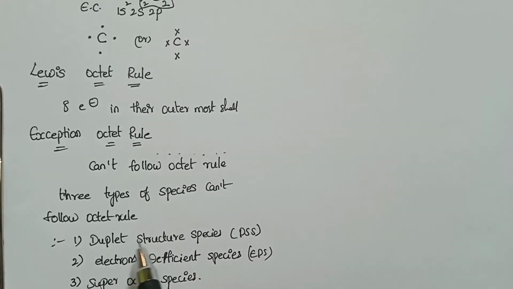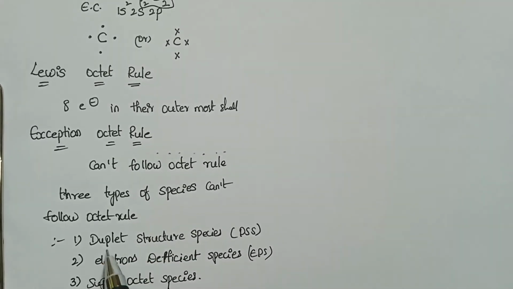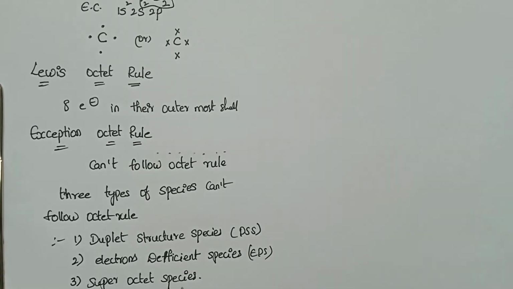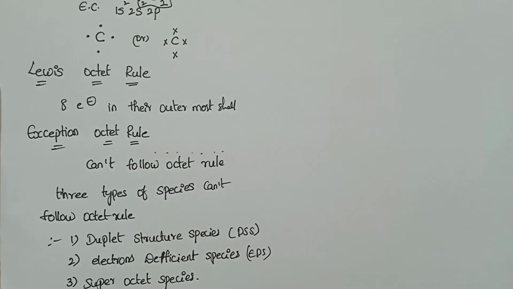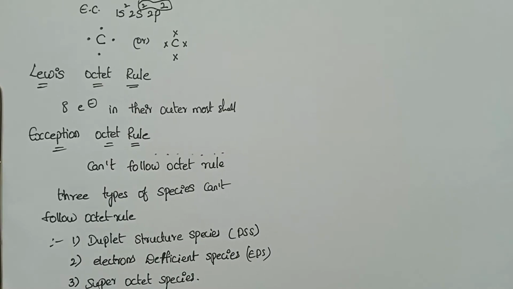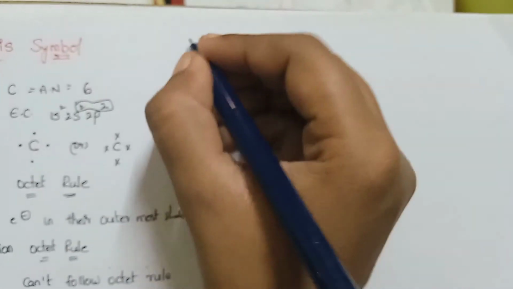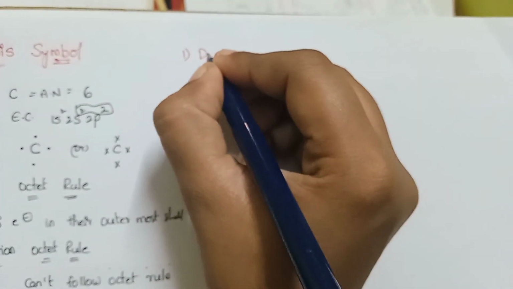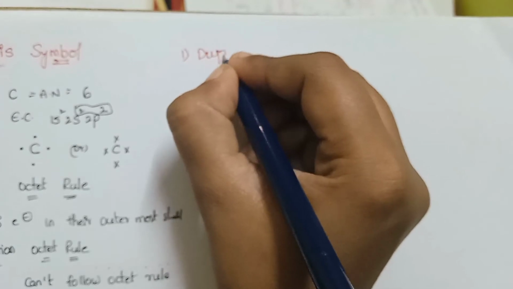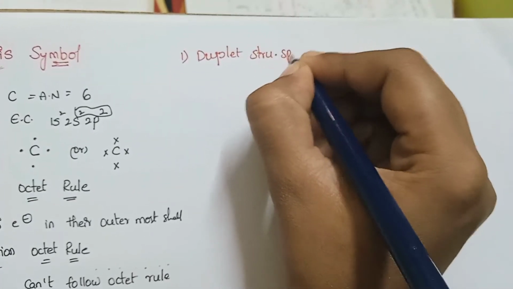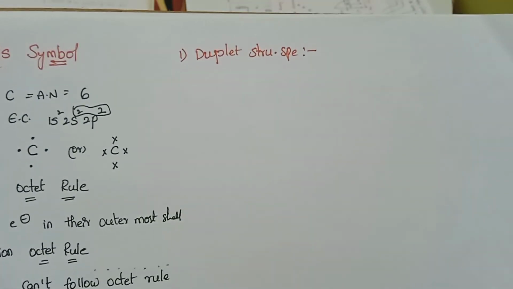There are three types of species: duplet structure species, electron deficient species, and super octet species. First, duplet structure species.